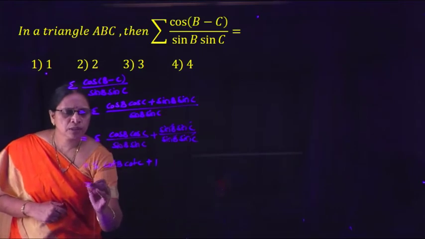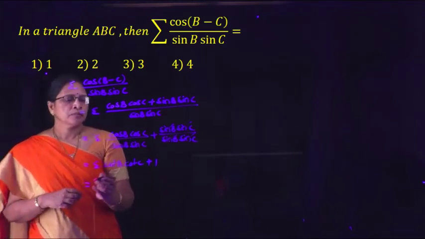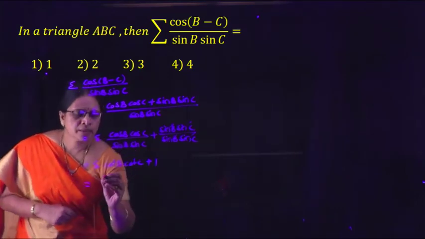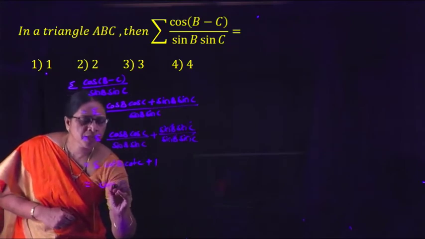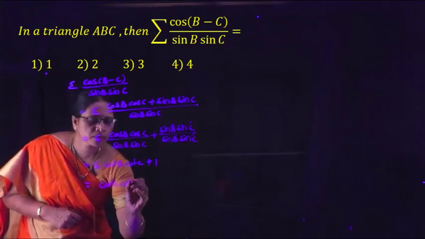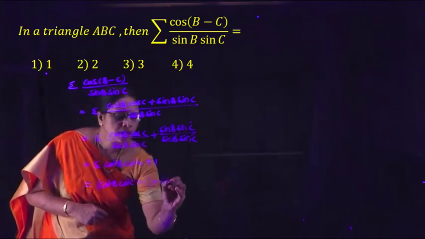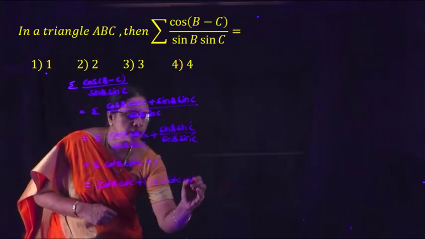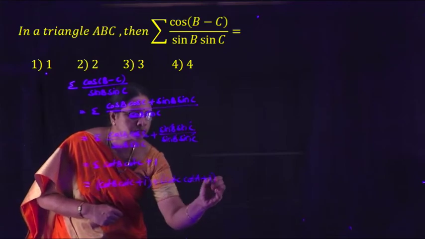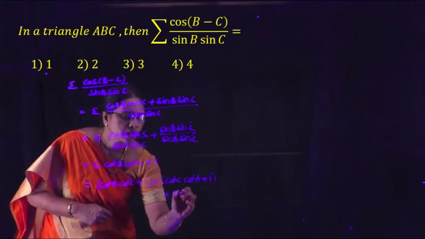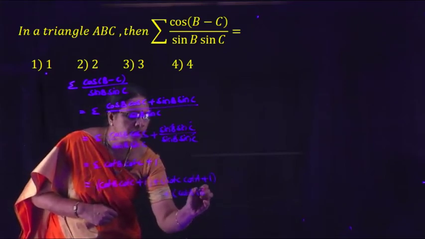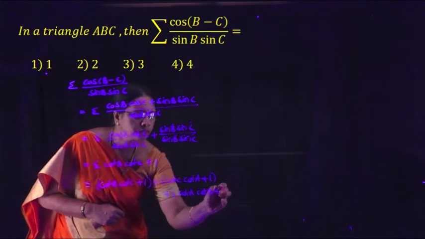If you follow the cyclic order, expand sigma like this: cot b cot c plus 1 plus cot c cot a plus 1 plus cot a cot b plus 1.